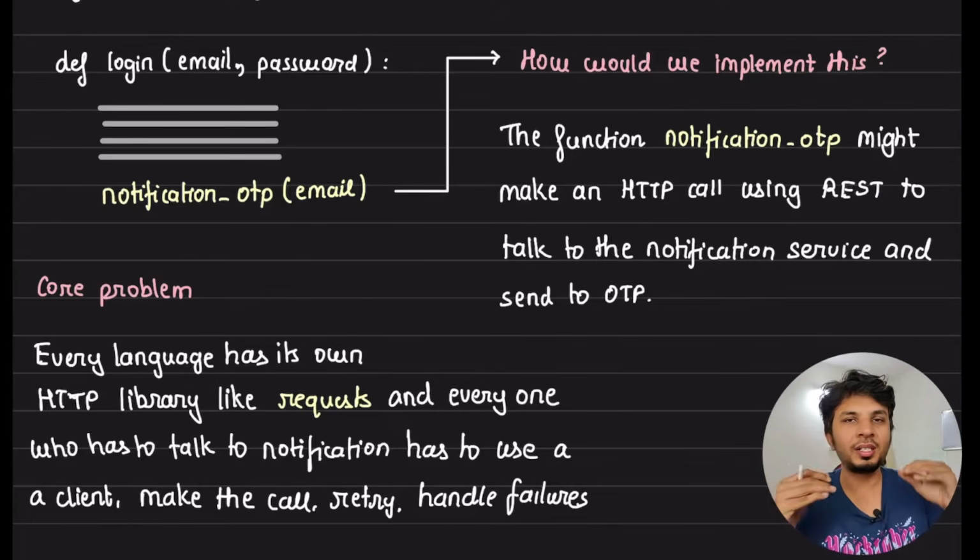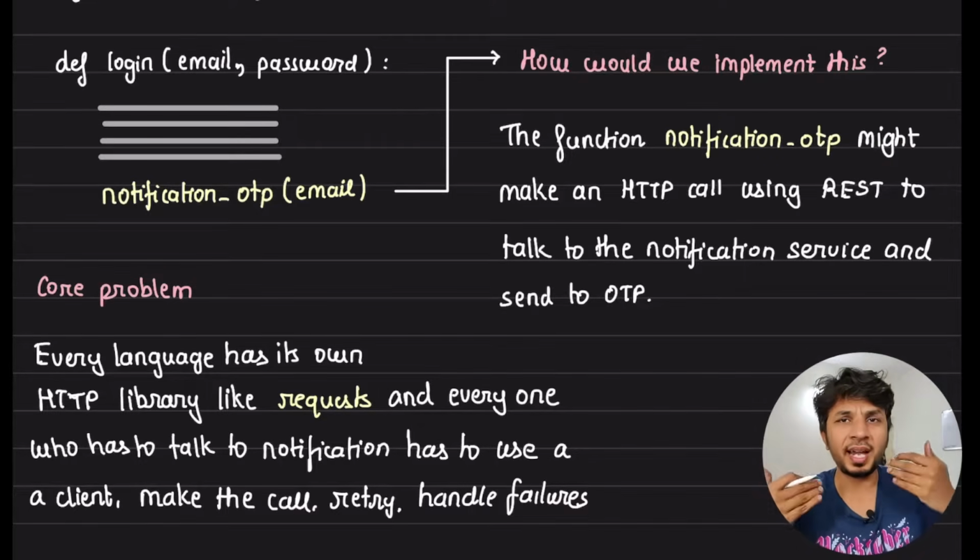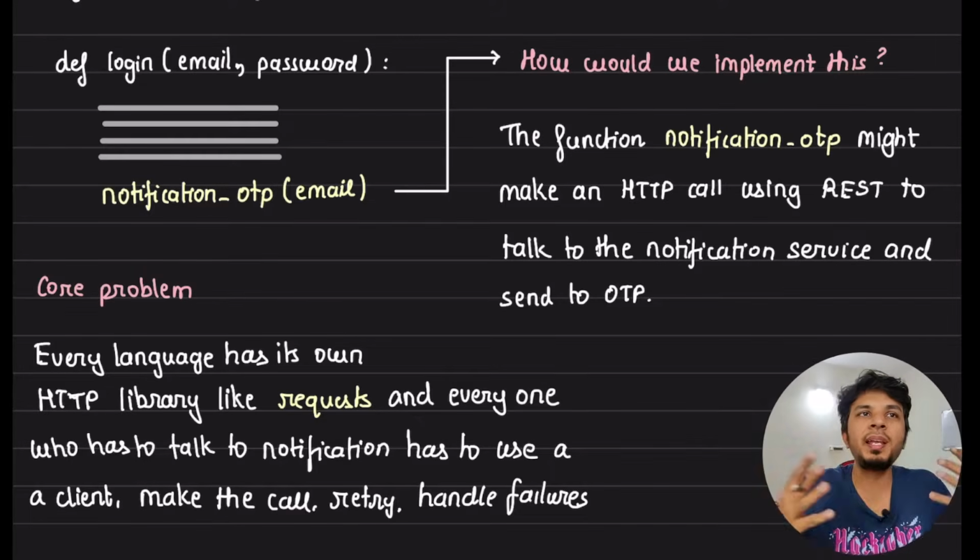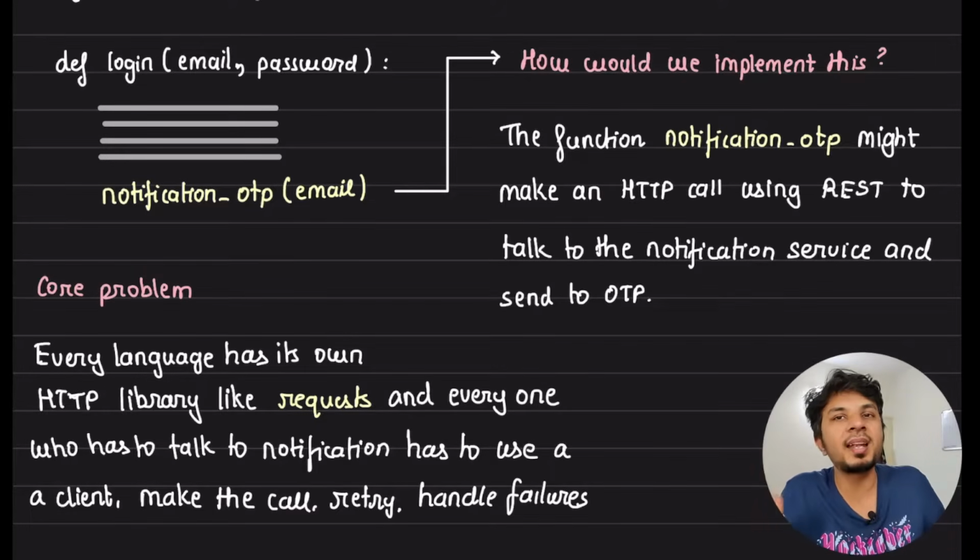So this is the problem to be addressed. Why is there no standardized way to establish communication between two services? Why does every single one have to write everything from scratch and handle all of these things unnecessarily? This could well be abstracted. Why can't there be a standard to do so?